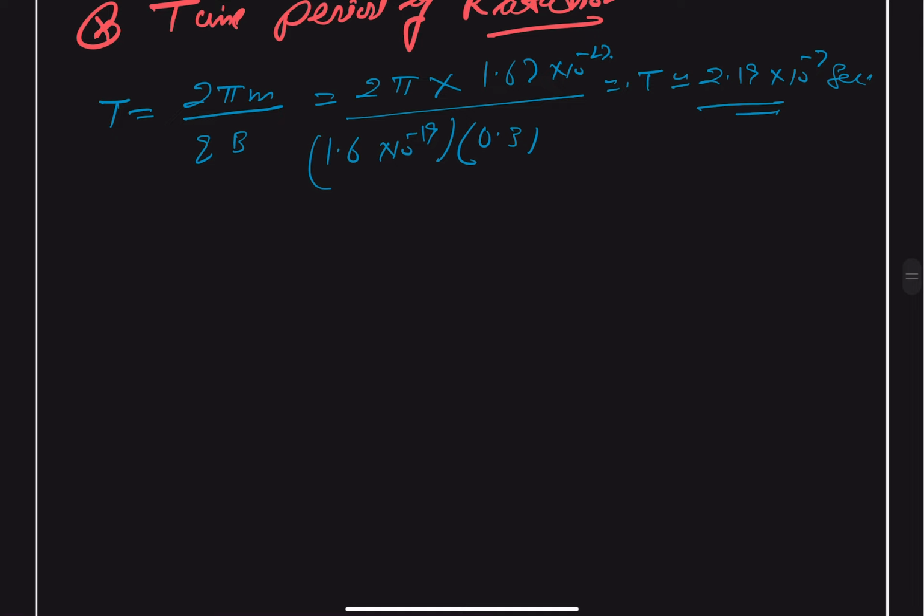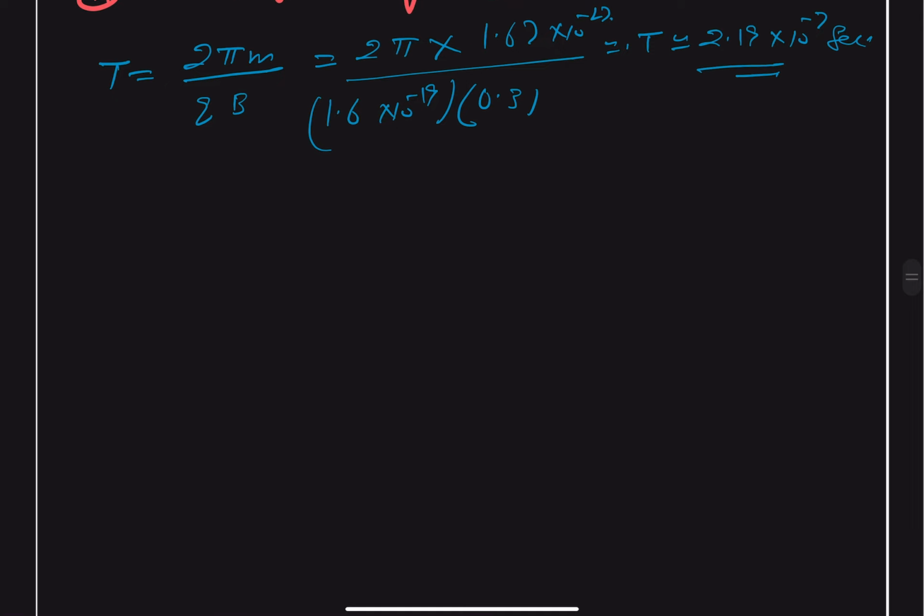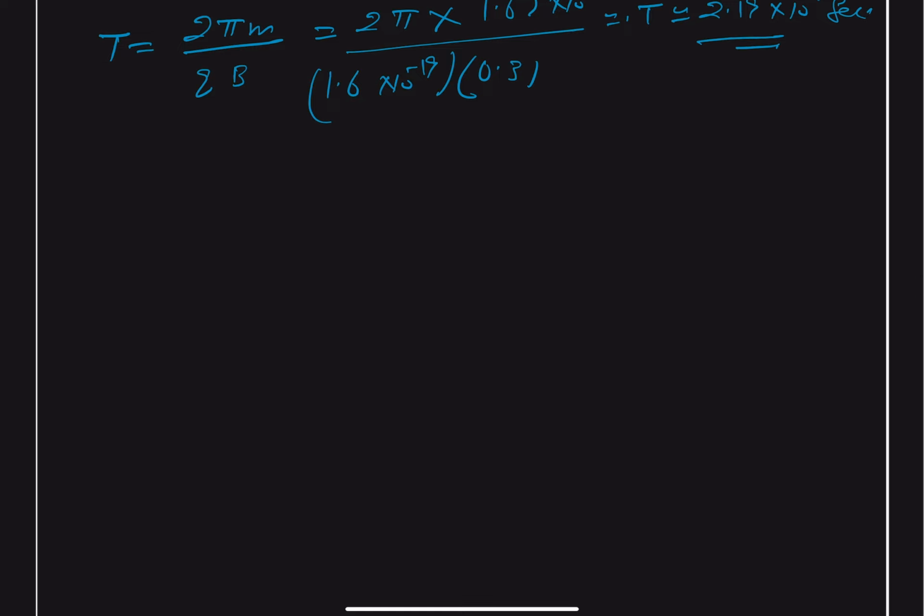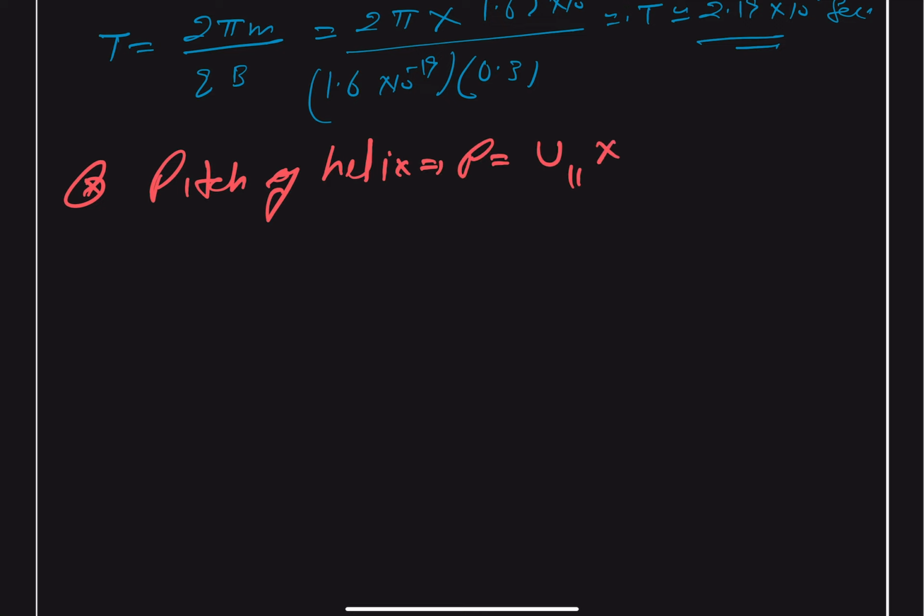So pitch will depend on the linear velocity, that is V parallel. So we can say pitch of helix P is equal to V parallel multiplied by the time period.